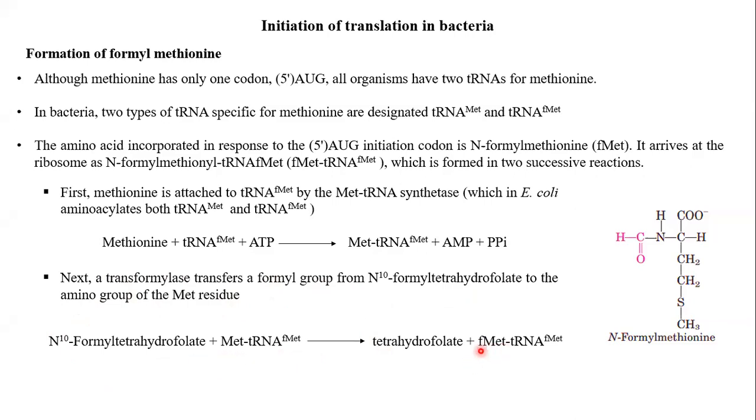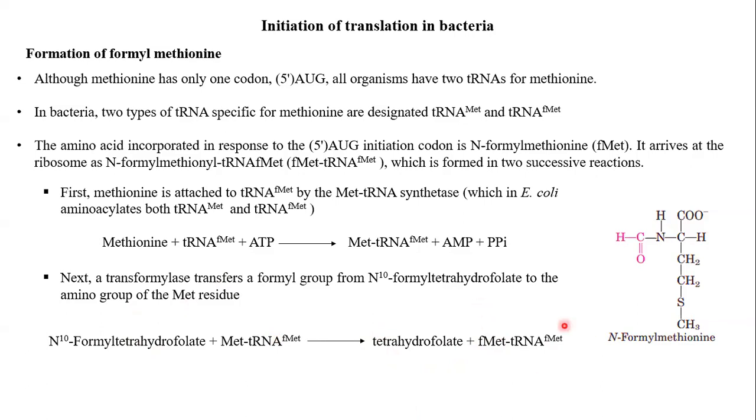Now you can see that it becomes fMet because the formyl group has been transferred to the methionine, and it becomes fMet-tRNA fMet and the group changes to tetrahydrofolate. This tetrahydrofolate is a derivative of folate, folic acid, vitamin B9. So this group is used for the transfer of the formyl group.